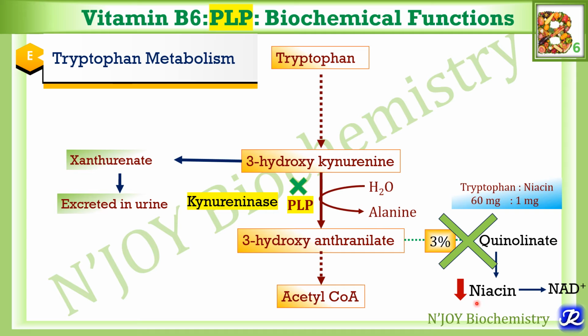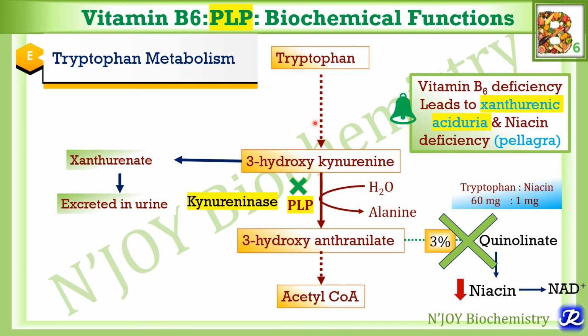So there will be no formation of niacin, so there will be deficiency of niacin and an increase in the level of xanthurenate. That's why vitamin B6 deficiency leads to xanthurenic aciduria and niacin deficiency, which is manifested as various clinical features of pellagra. So along with niacin deficiency, pellagra-like symptoms can also be observed in vitamin B6 deficiency.